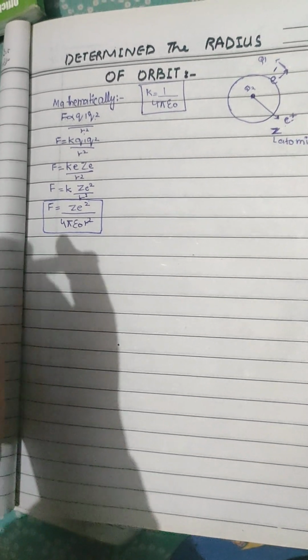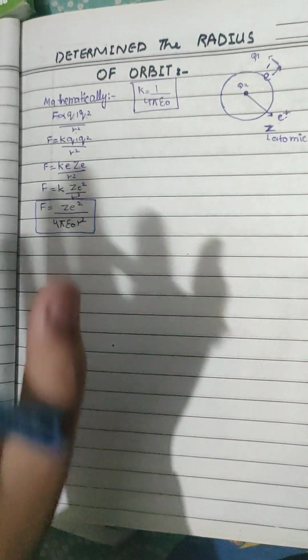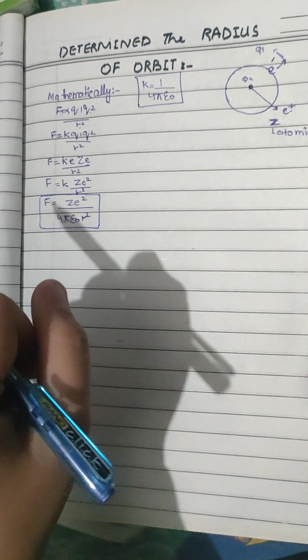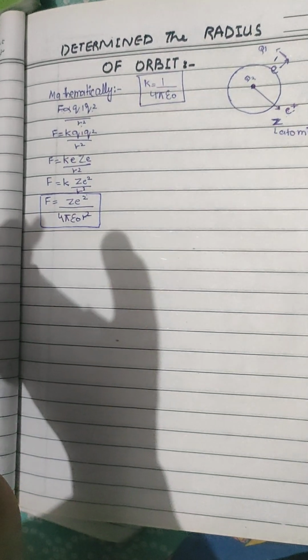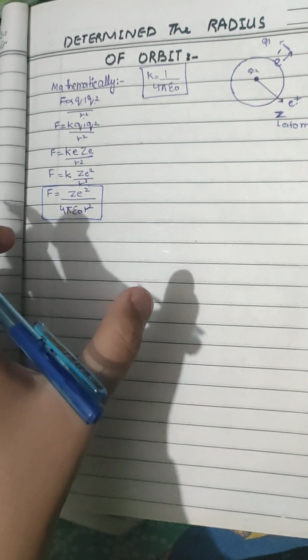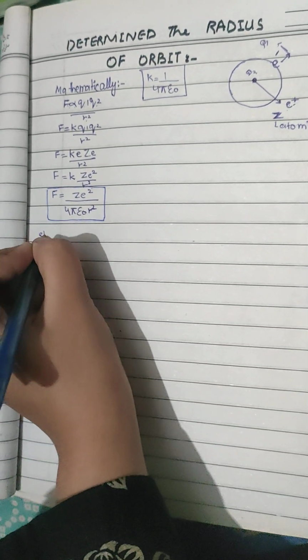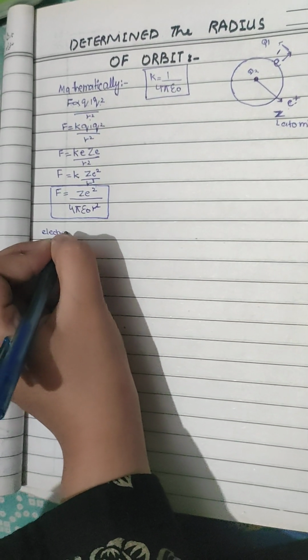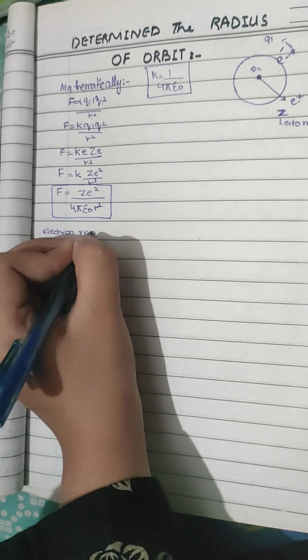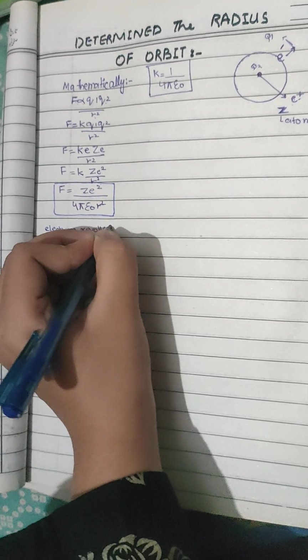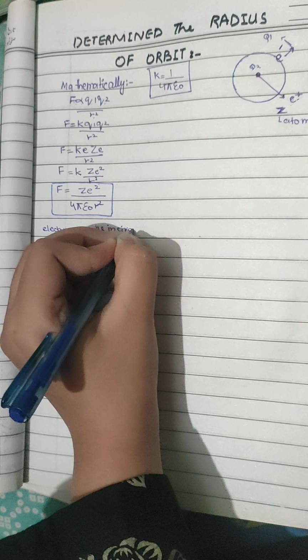Now we're going to see that, as you all know, the electron revolves in a circular path. Which force holds the electron to move in the circular path? Let me tell you. The electron revolves in a circular path.